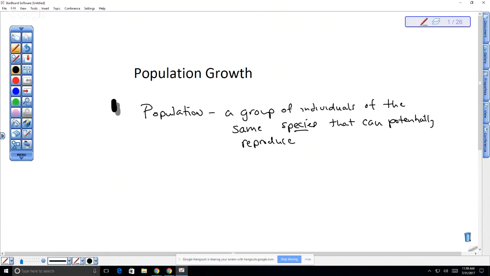And so when we're talking about populations, we're talking about all the individuals in a group that are of the same species. And this is different from community, which would be many different species interacting with one another. So generally, if we're looking at hierarchy of complexity, a community is a little bit more complex than a population.